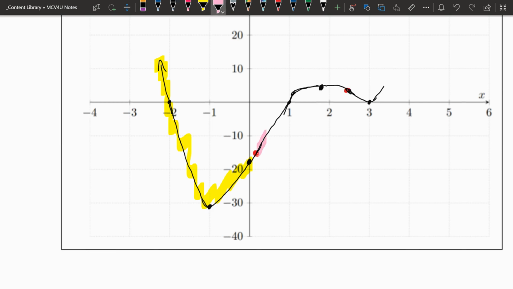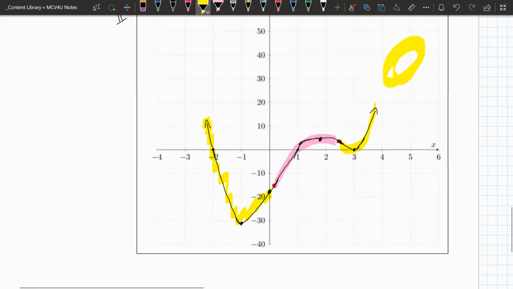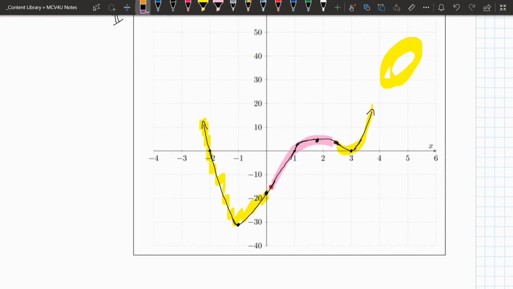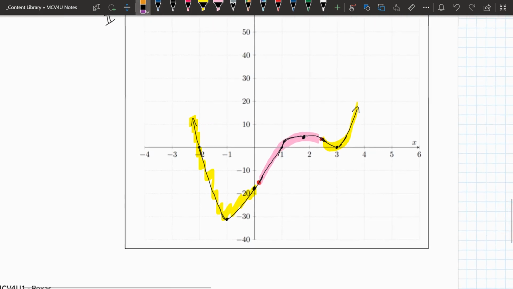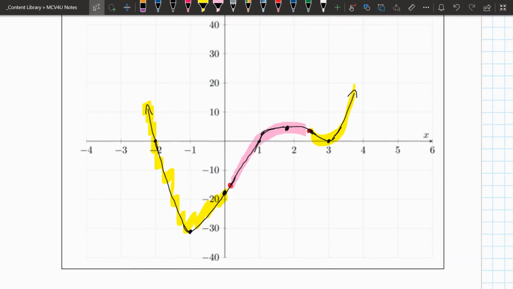So here's my interval. It's concave down. And then the last interval is concave up. And there it is, concave up. So there is a reasonable approximation of this quartic function. Where are my turning points again? Turning point, turning point, turning point, 3 turning points.